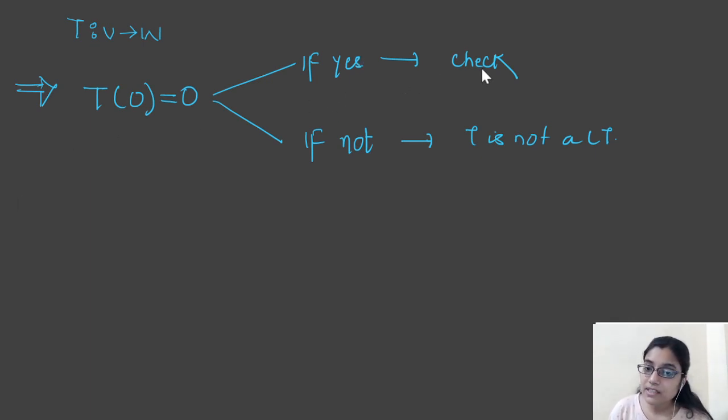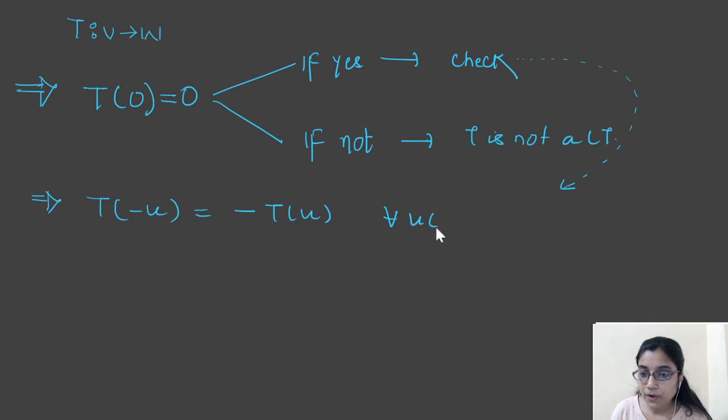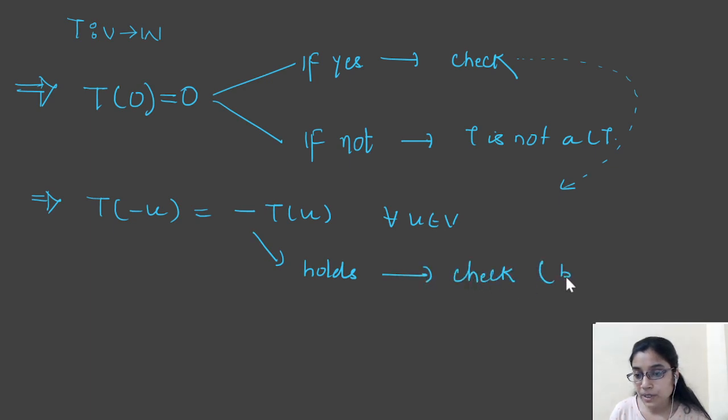And suppose this condition is satisfied, so you can go one more step. What? You check whether T of minus u is equal to minus T of u or not for all u belonging to V. If this condition holds, then you need to check further. Now what do you mean by further?